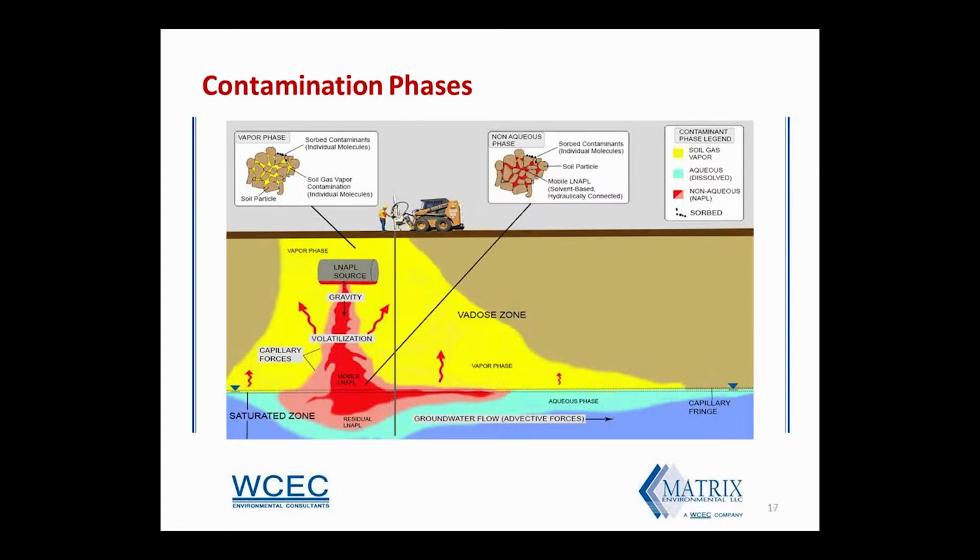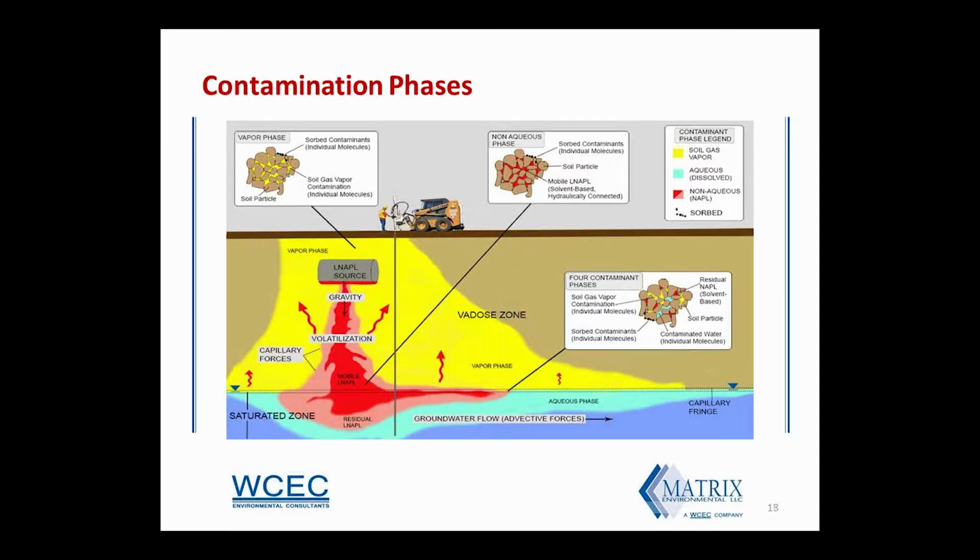Where LNAPL saturation exceeds the residual concentrations, mobile NAPL is present. So in the non-aqueous inset box, we have an illustration of mobile NAPL, which is hydraulically connected within the soil pores. But the soil pores are never really 100% filled with LNAPL. That saturation depends on a lot of variables, including the geology, the LNAPL fluid properties, and various release dynamics.